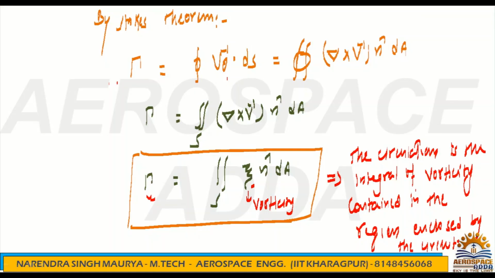So that time, for the circulation, 2-3 definitions they will give to you, and if you know all the definitions, then you will mark the answer, otherwise you will be wrong. Nowadays they are asking multiple select questions. They can simply give 'circulation is defined as', so if you know the line integral of tangential velocity, you will mark immediately. But if you don't know it is also the integral of vorticity, then obviously you will not be able to answer correctly.